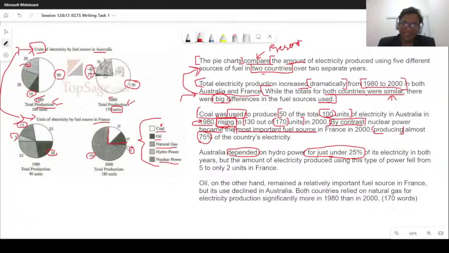So in the fourth paragraph, the person switches it up and focuses on the smallest value, right, of its electricity in both years, but the amount of electricity produced using this type of power fell from 5 to only 2 units in France. So the person made, sorry, my bad. The hydropower is this for Australia. For France, this one. Right?